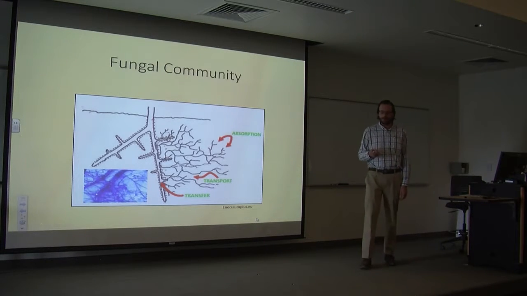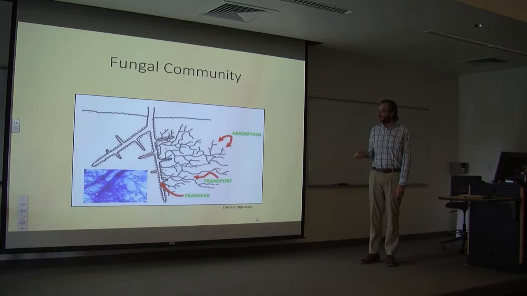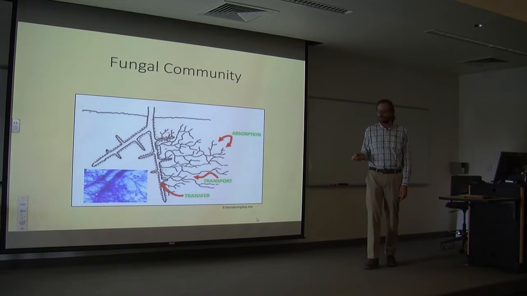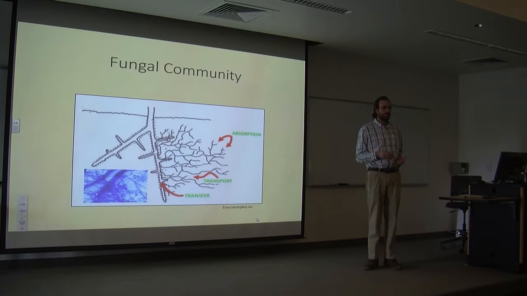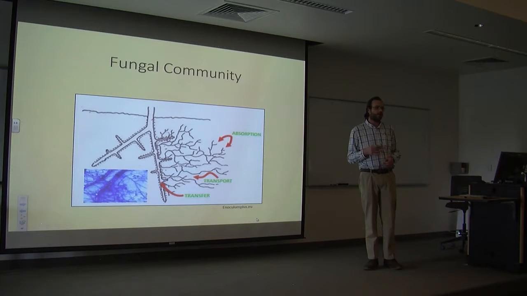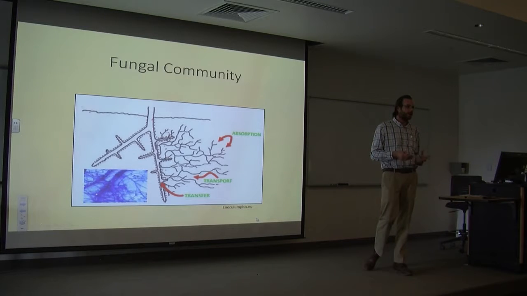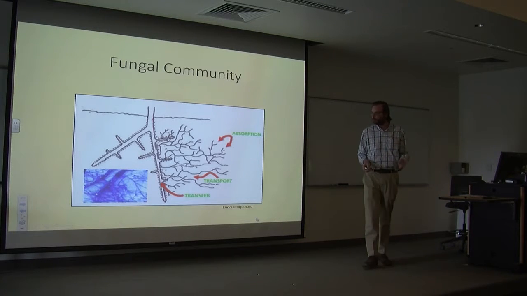Because the dwarf mistletoe is stealing nutrients from the tree, there's eventually going to be reduced nutrients in the soil that can lead to competition here in the soil fungi, and that should change the community structure to species that are more capable of efficiently taking up those nutrients and delivering them to the tree.